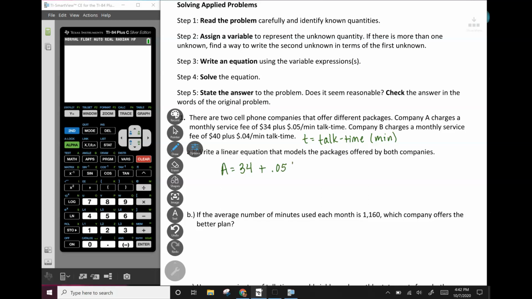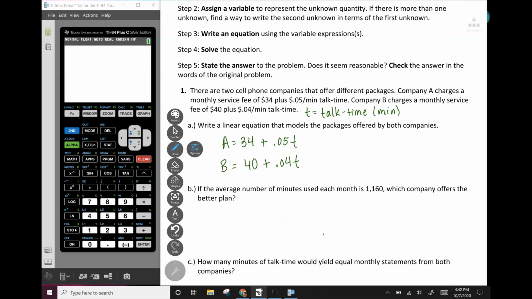So that's going to be times T. So $34 plus 5 cents per minute. Company B charges $40 plus 4 cents per minute of talk time. So those are our two equations.